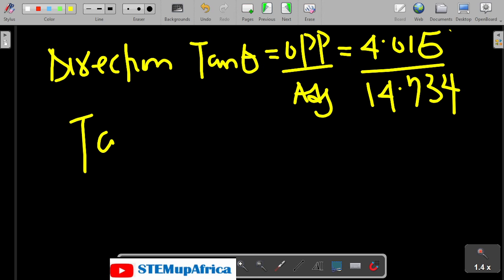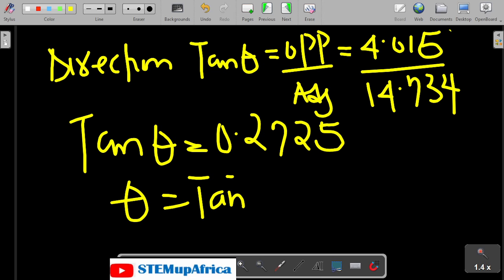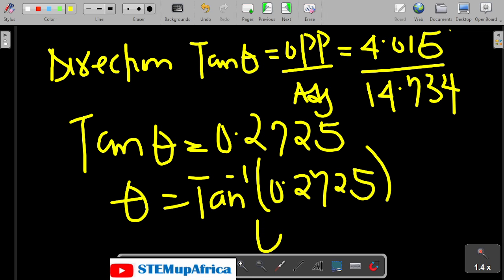So tan theta is 4.015 divided by 14.734. I'm going to have 0.2725. So my theta will be the tan inverse of 0.2725. That will give me 15.2 degrees. This is now the direction.